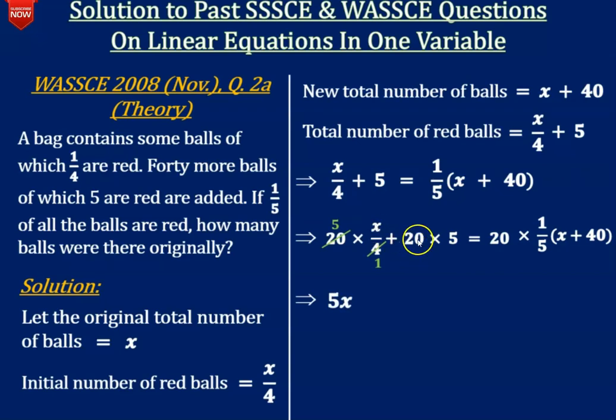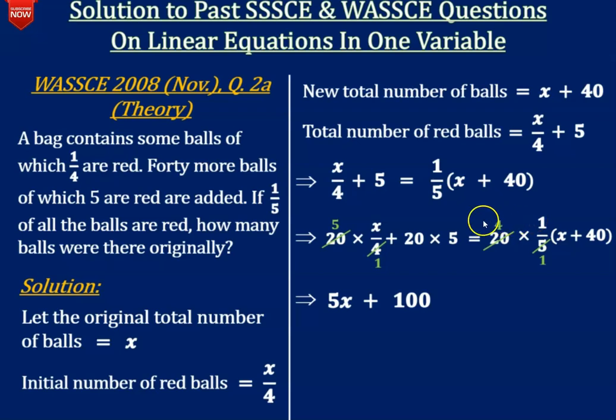Again, 20 times 5 is 100. And on the right hand side, we have 5 into 20 to be 4 times. And 4 times 1 is 4.